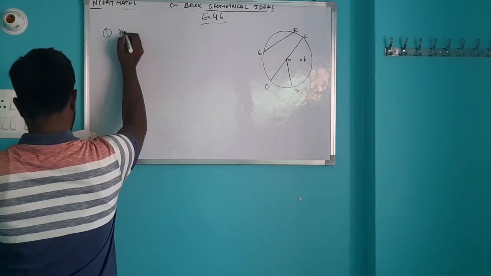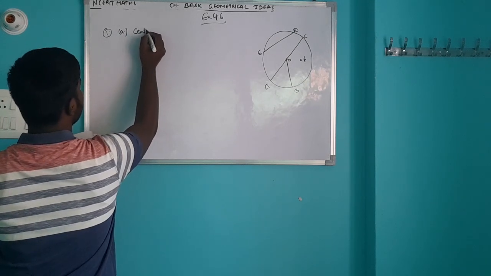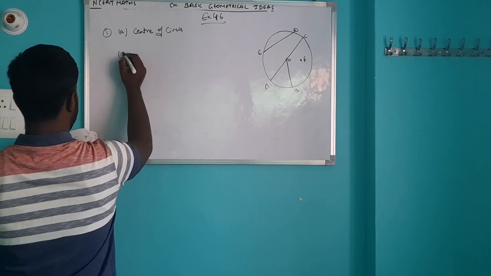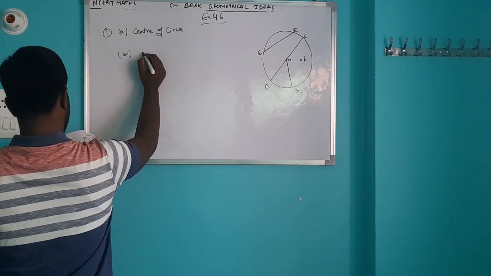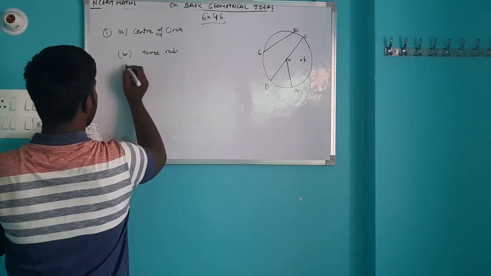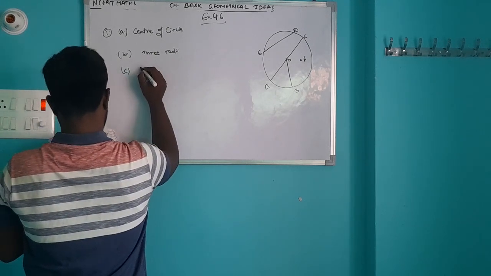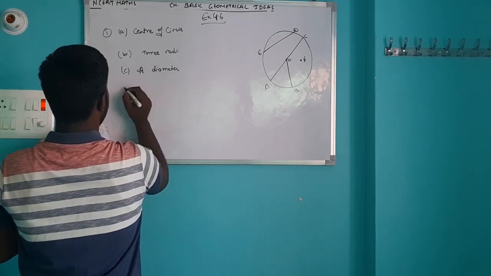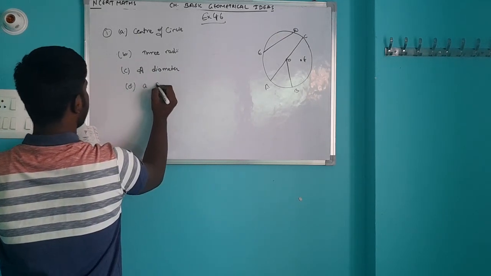In first part we have center of circle. In B part we have 3 radii. Radii is also the radius. C part we have a diameter. In D part we have a chord.